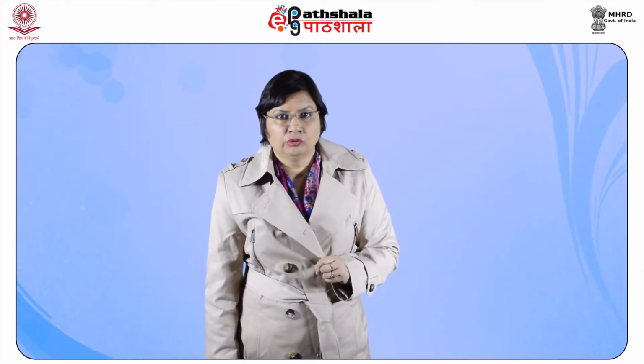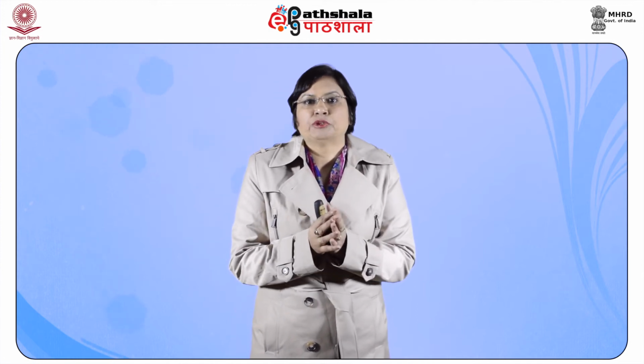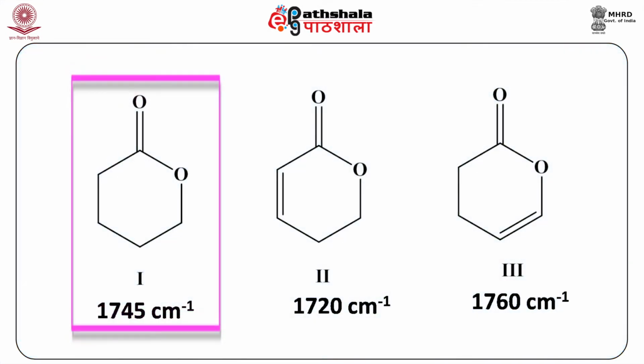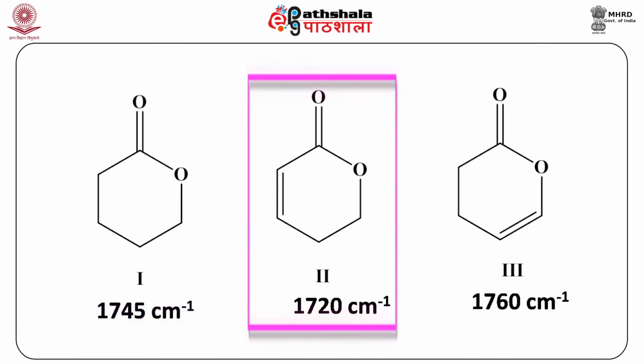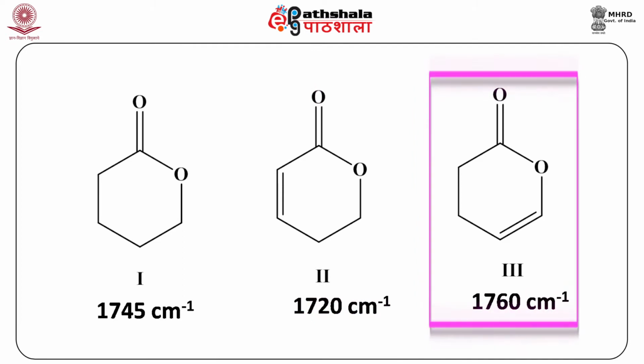Let us see how to do this matching. For the first it will match with 1745, for the second structure it will match with 1720, and for the third it will match with 1760 centimeter inverse.